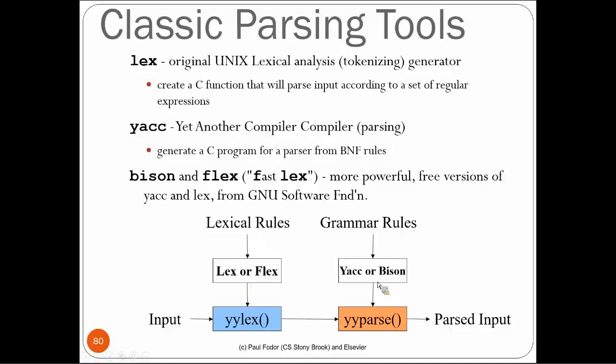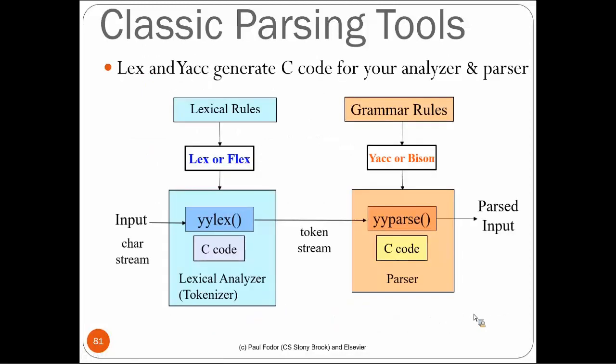The grammar rules are the input for Yacc or Bison, and the output is C code, which takes the input, tokenizes it first, and then parses those tokens into a parse tree. So both generate C code to actually parse the input.